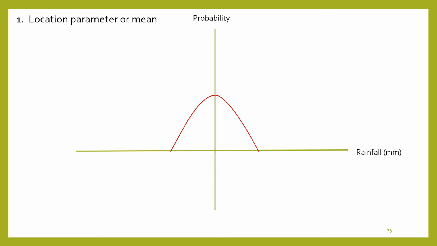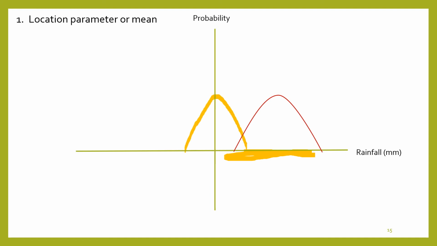This is a repeat. For example, the location parameter, or mean. I'm sorry, not minimum but mean. It means average, so it can move right or left. Let's say a rainfall station in Kelantan would have a higher location parameter, because it has a higher distribution of rainfall values.